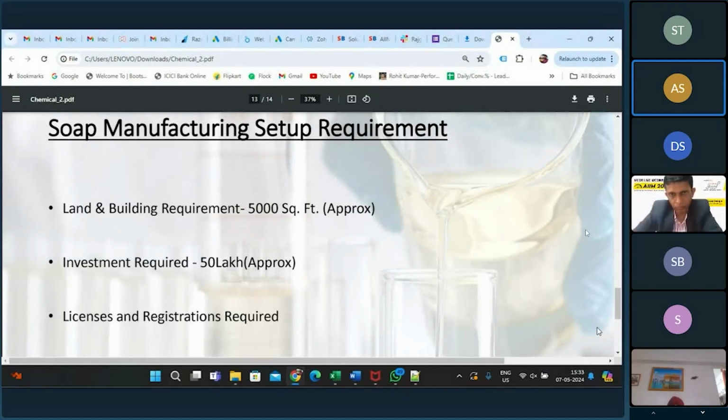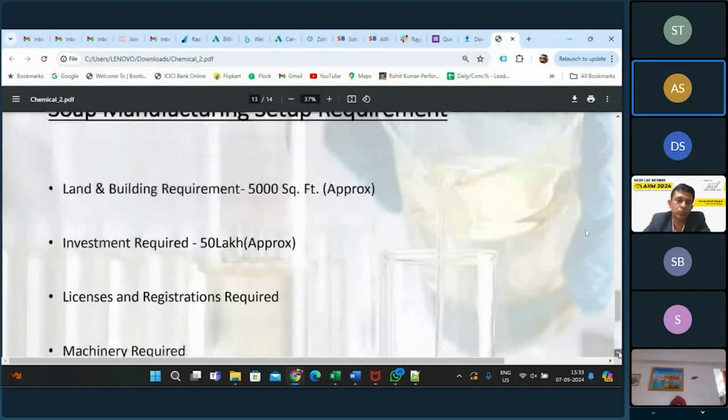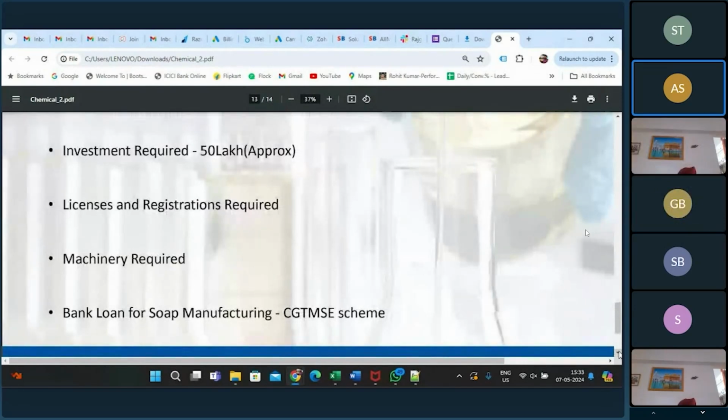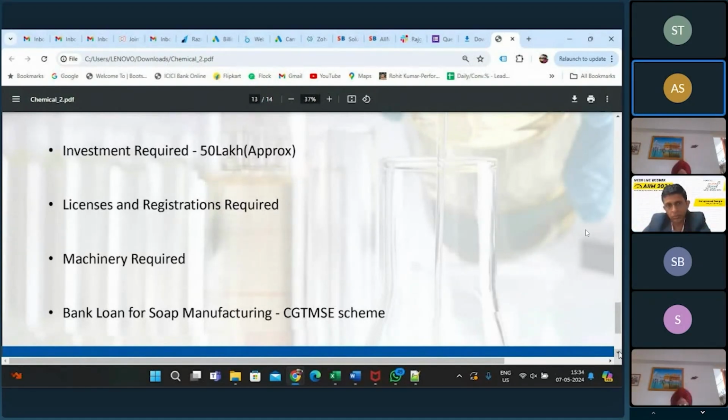So it depends on the volume also, but typically this would be the investment, and if there is continuous working of the machinery for a day, approximately 800 kgs can be produced in a day, considering a 100 kg vessel, which takes around 1.5 hours to make the soaps.